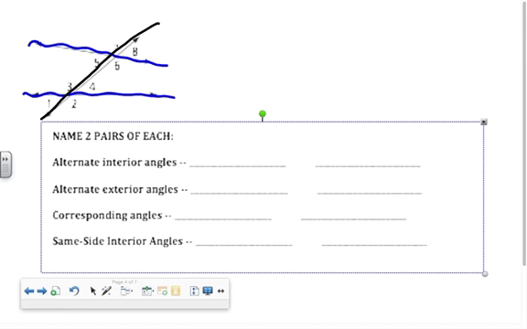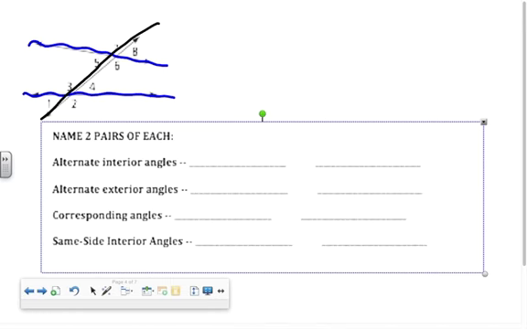Alternate interior angles are on opposite sides of the bridge and inside the water. Let me clarify further. For all of these special kinds of angles, when I say they're inside the water, or they're both outside the water, or one's in, one's out, whatever the case may be, please understand, you always have one angle at each riverbank.